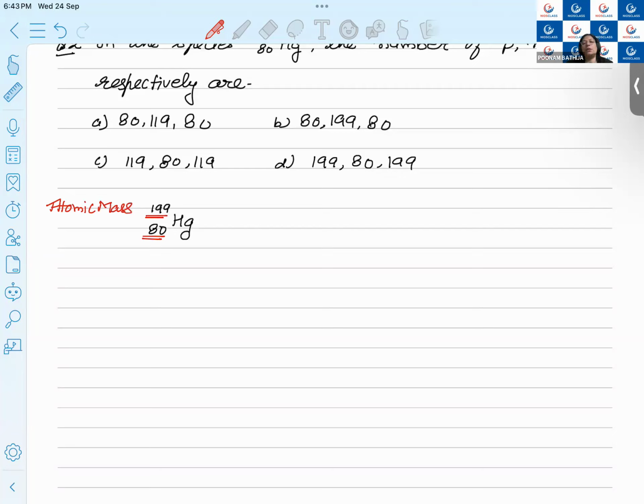The number which is written as subscript, that indicates atomic number.